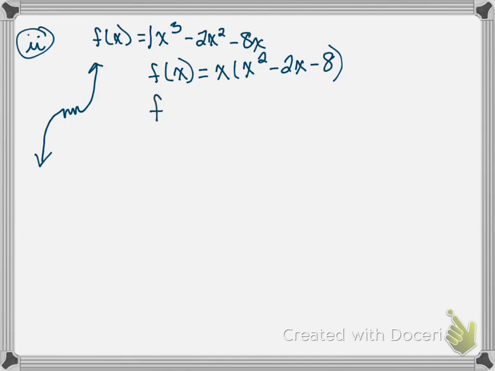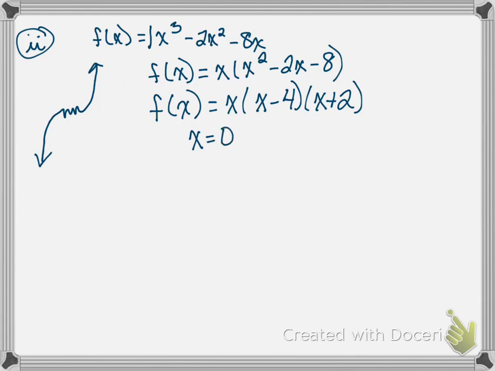I can factor this. It factors to (x minus 4) and (x plus 2). Negative 4 times positive 2 is negative 8, and negative 4 plus positive 2 is negative 2. So that's how we're able to do that.